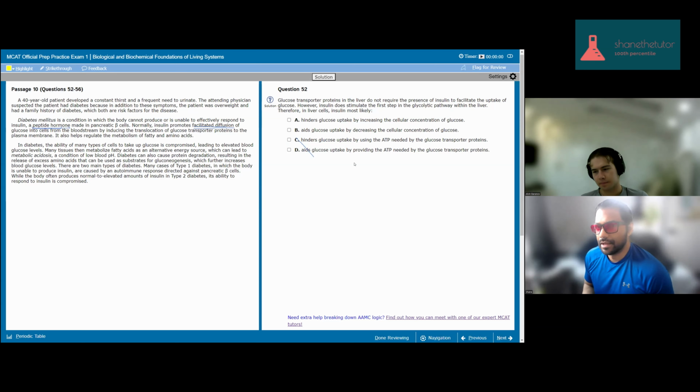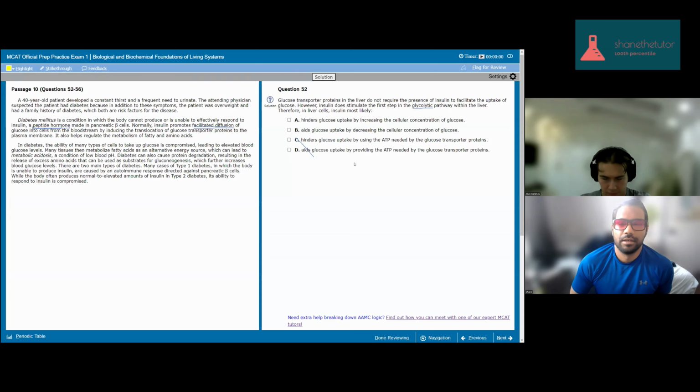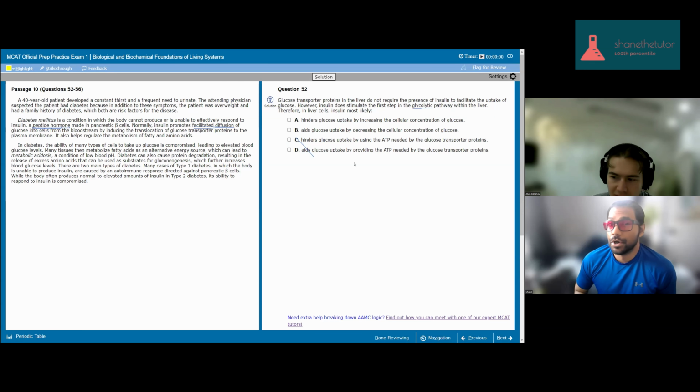This can possibly help us out. I mean, glycolysis... I guess it's increasing cellular concentration. So what happens in glycolysis? Oh wait, no, it removes glucose. Sorry, yep, it decreases cellular concentration of glucose.